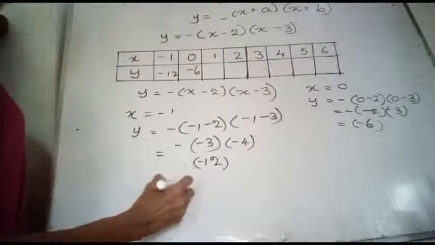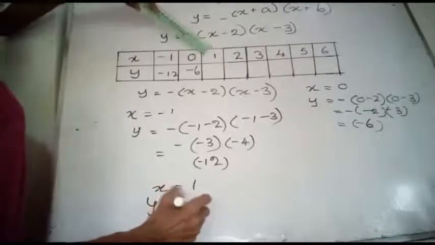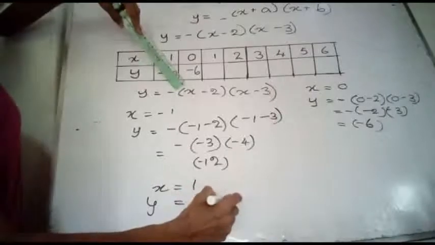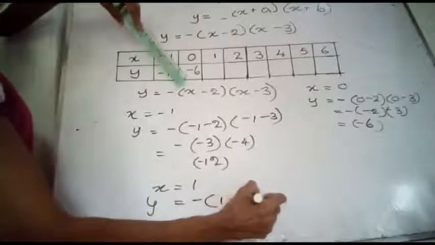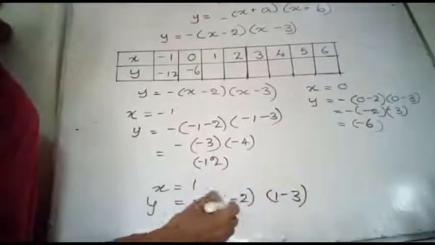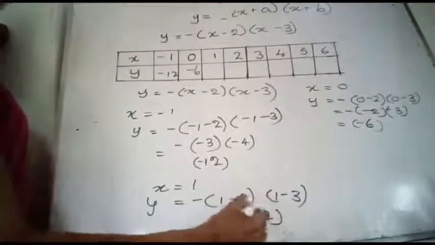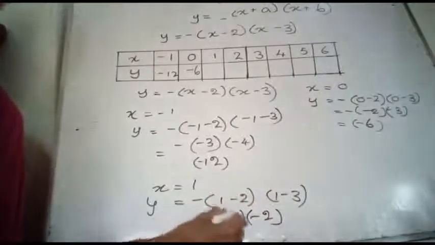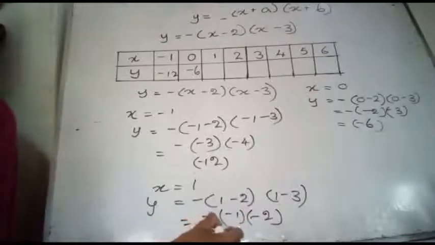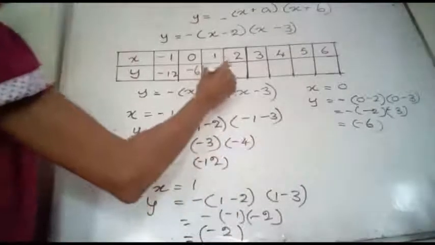X is equal to 1, y equals negative (1 subtract 2)(1 subtract 3), negative 1 times negative 2, 2 times 1 is 2, so negative 2.